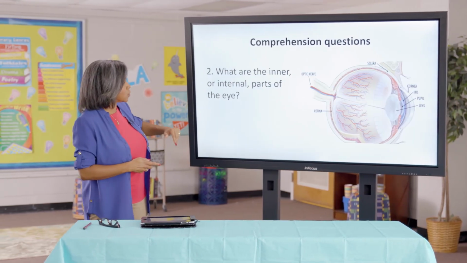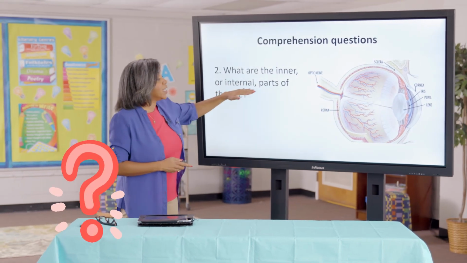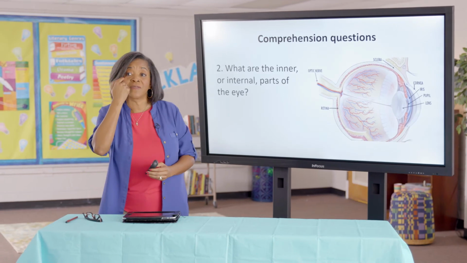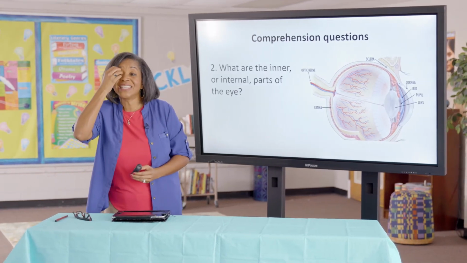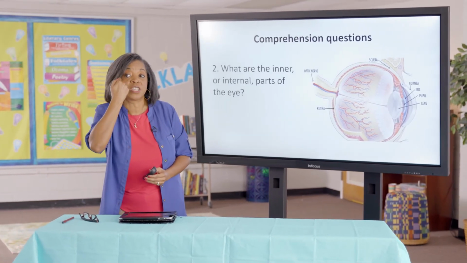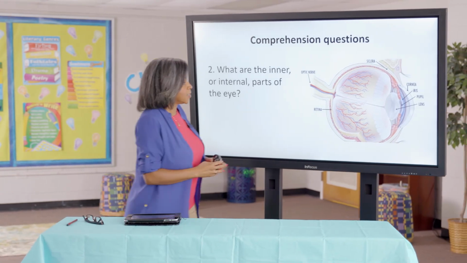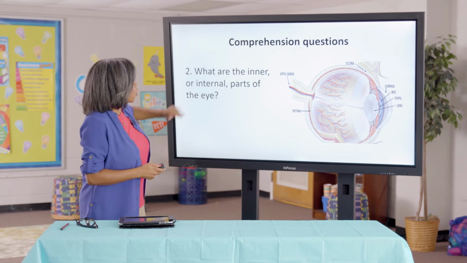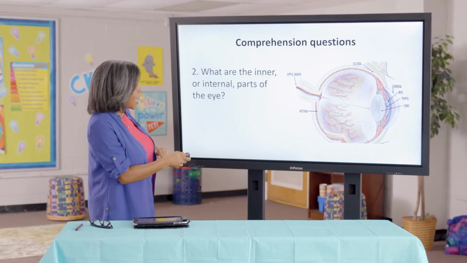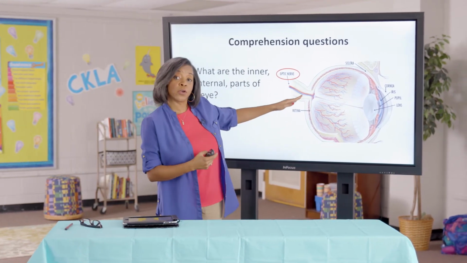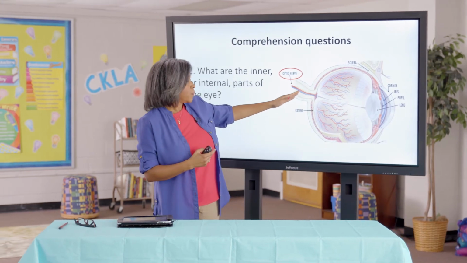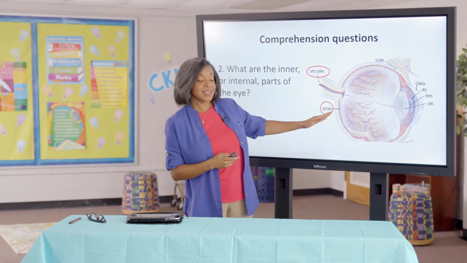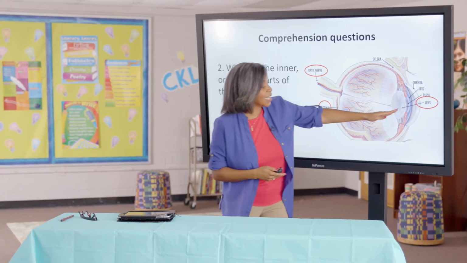Our next question, what are the inner or internal parts of the eye? Because remember we said we can't see all the parts of the eye because it's a ball and it sits in here, so there's some other parts back here that you can't see. So these parts back here, what are the inner or internal parts of the eye? The optic nerve, because that's the part that connects with our brain, the retina, and the lens.